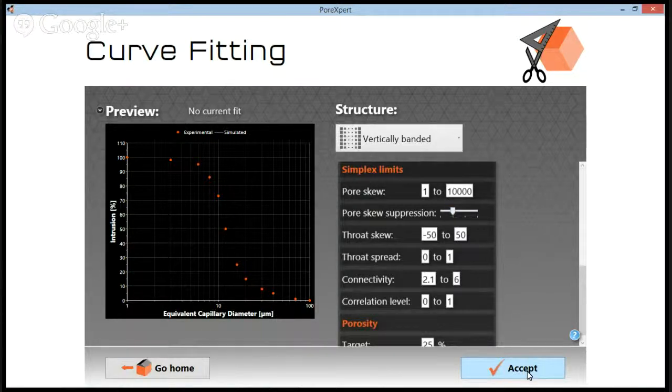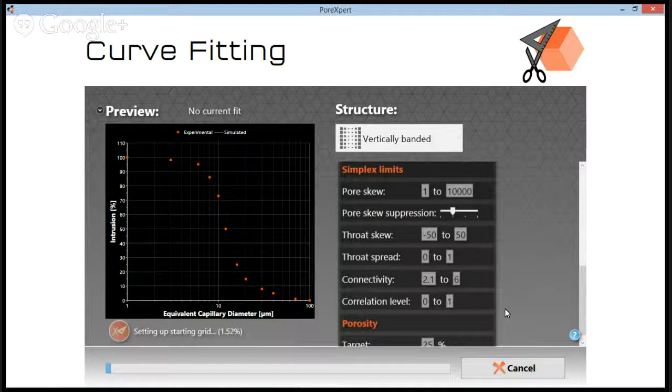You go accept, and then what it's doing now when it says setting up the starting grid, that's the equivalent of the woman on the mountain range spreading her arms, or her one arm, because she's broken the other arm, and her legs, spreading her legs as far apart as she can, and her arm as far apart as she can. Remembering that the further apart you can spread it, the better you can sample the mountain range to start with.